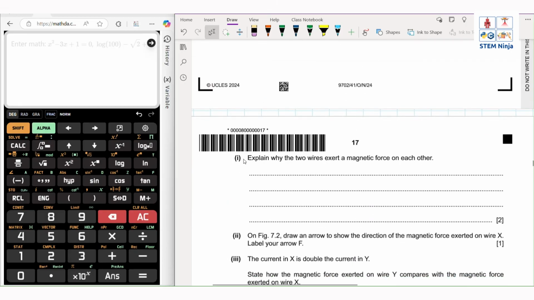So we can say that both wires produce magnetic fields perpendicular to their current directions.